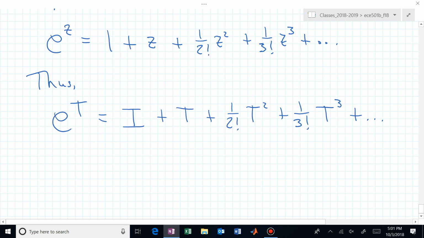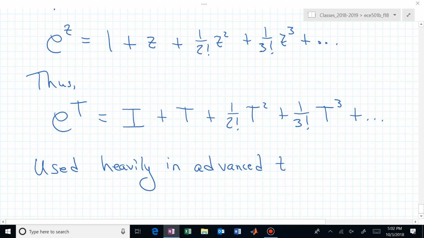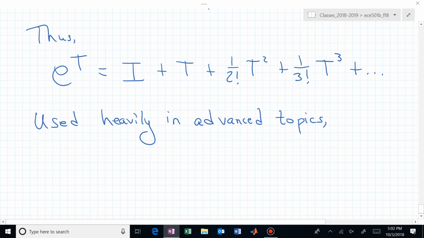And that matrix exponential is nice because we use it all the time. This operator is used heavily, let's say, in advanced topics. I'm not sure how advanced the last one is, or the first one.